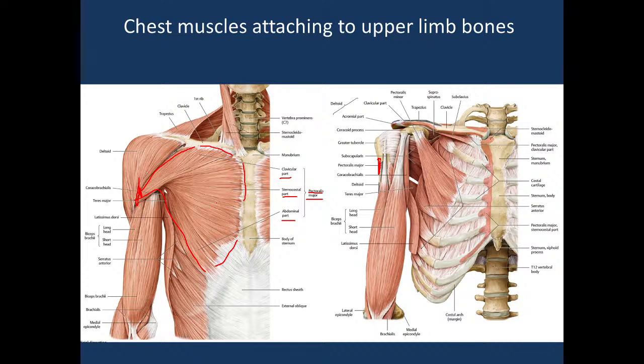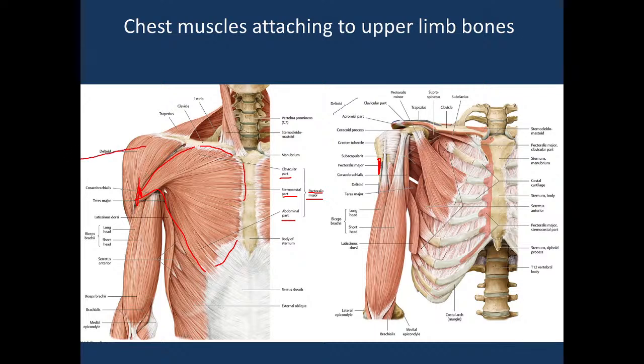So usually the pectoral muscles help us to rotate the humeral bone internally, another term is to pronate the upper limb, but it also makes adduction.